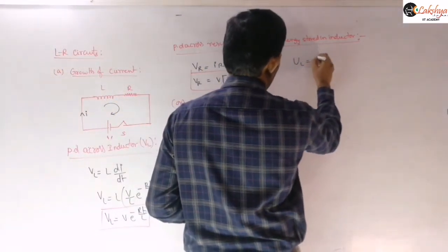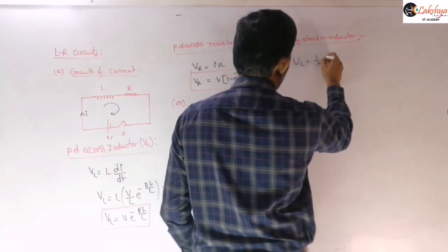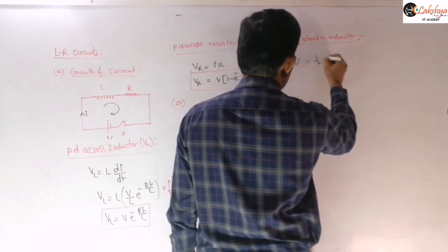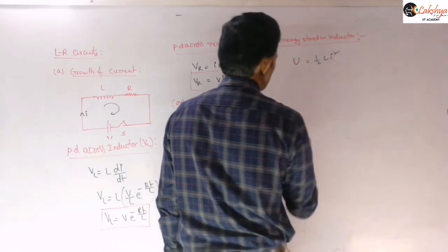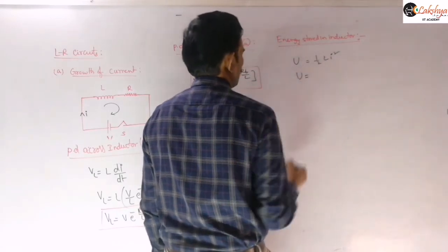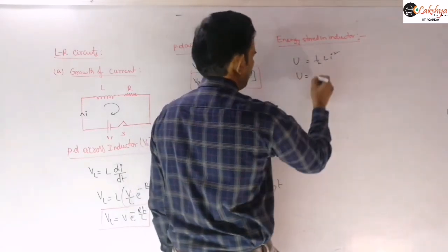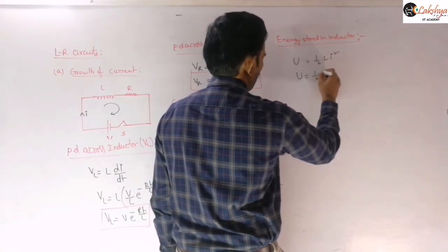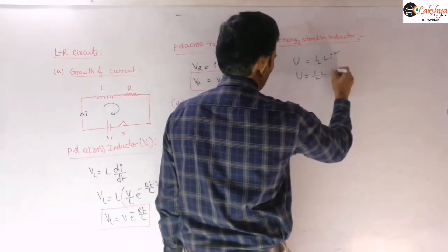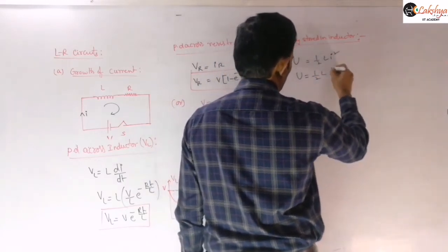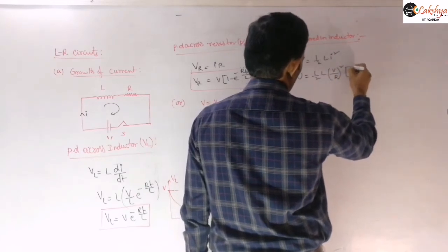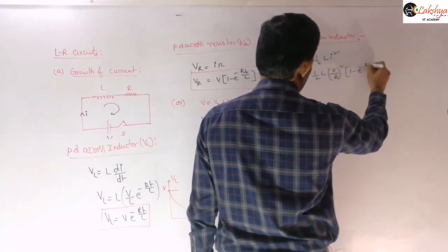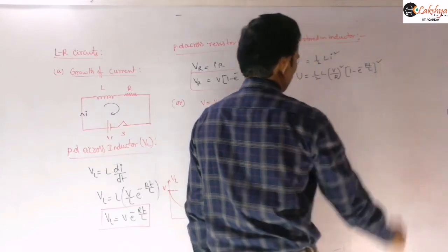So UL is equal to half Li square, which is half into L into I, where I is nothing but V by R, whole square into 1 minus e power minus RT by L whole square.